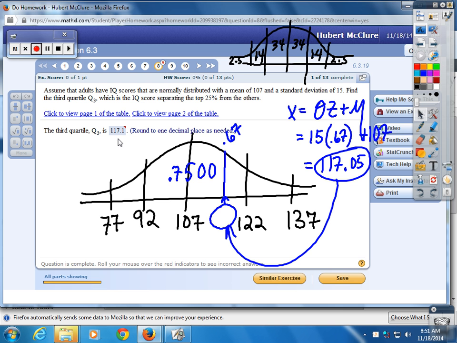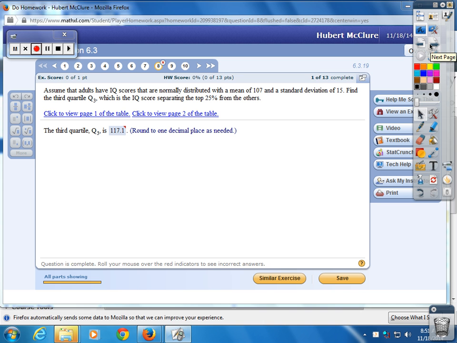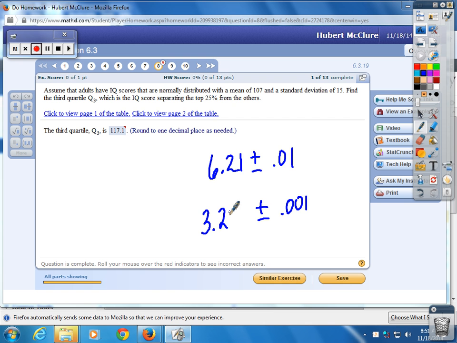In some of these problems, they give you a window of plus or minus 0.01 or plus or minus 0.001. Y'all know what that means? It means your answer can be above or below it. So they might do 6.21 plus or minus 0.01 and 3.275 plus or minus 0.001.